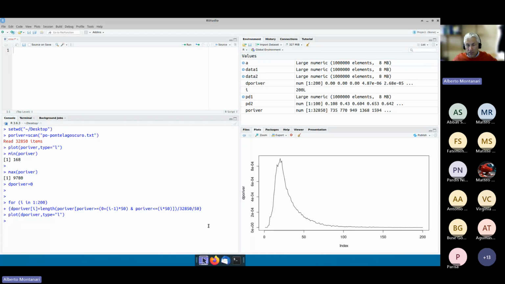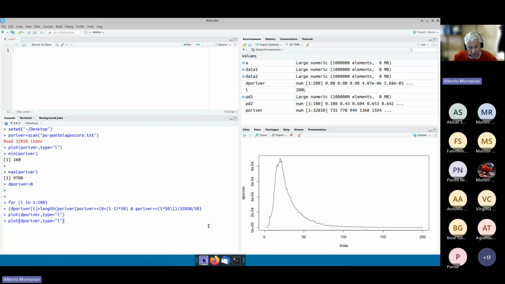There is one thing to say. The horizontal axis is not correct, because the horizontal axis is an index of the vector, indicating the position of each value in the vector. To be correct, I have to put the river flow on the horizontal axis. So let's remake the plot. D per river is the vertical axis, and here I have to put the horizontal axis.